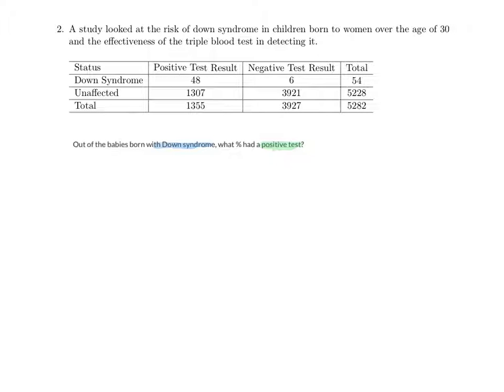So in short, when I find this probability here, I'll go ahead and I'll put the number with Down syndrome on the bottom, and on the top will be the number with Down syndrome and a positive test result. I can write this as the probability someone had a positive test result out of all the kids born with Down syndrome.